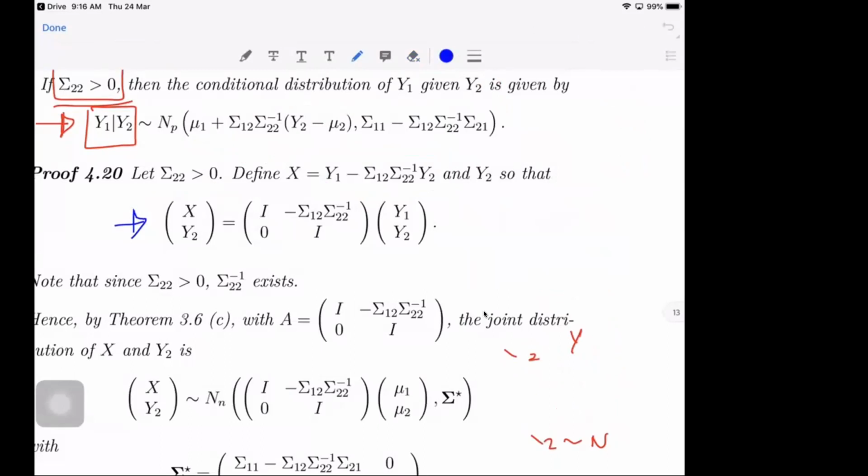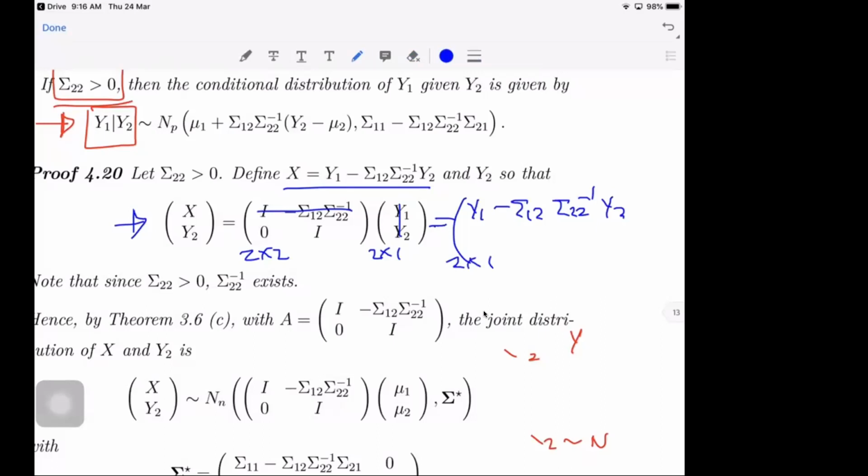If this is how we define x, then when you multiply, that will be y1 minus sigma 12 sigma 22 inverse y2. So this is 2 by 2, and this is 2 by 1, so the resulting term will be 2 by 1.